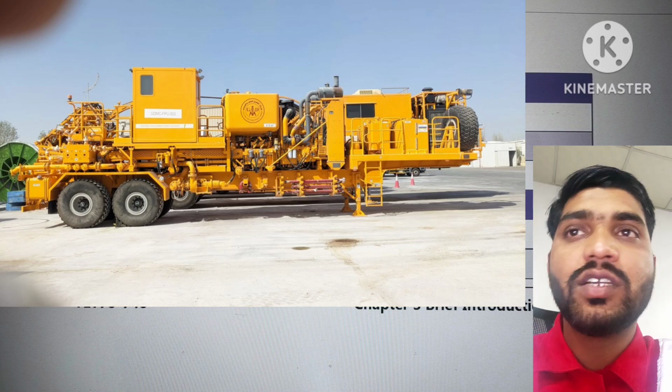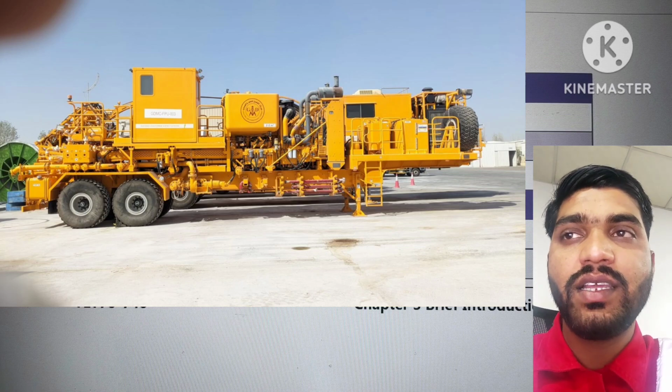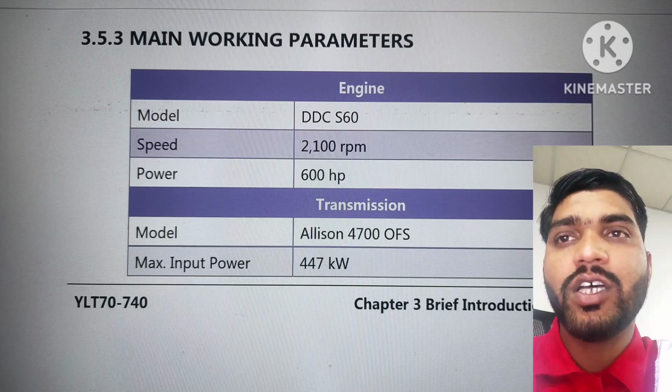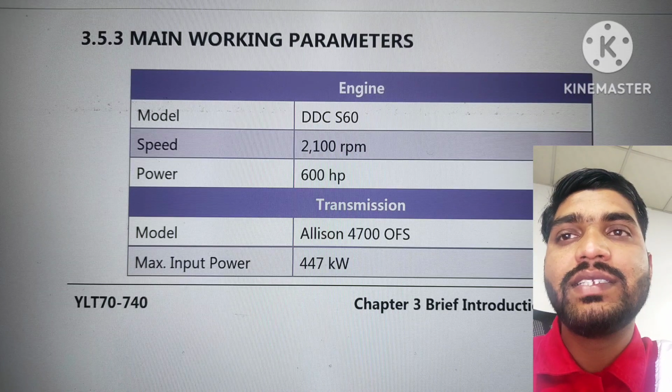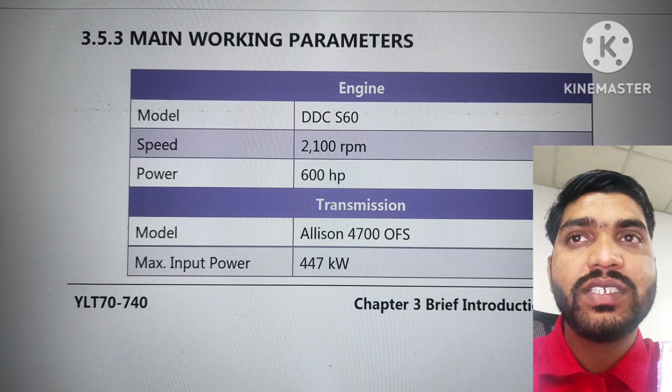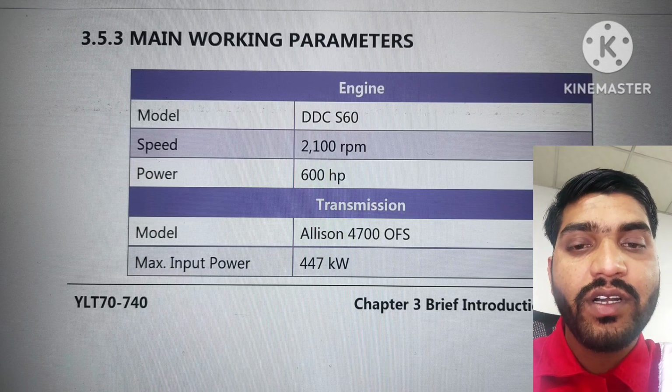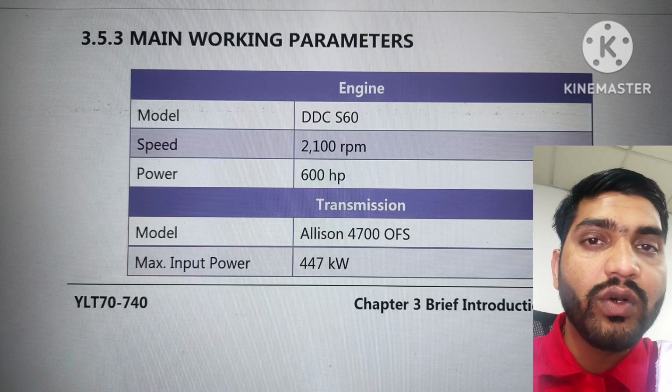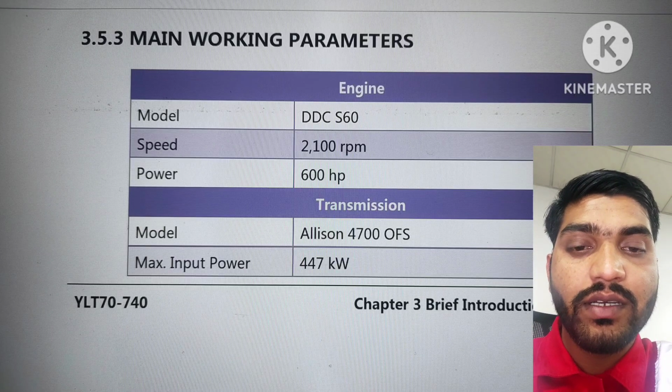The engine model is DDC S60 with 600 horsepower, and the transmission model is Allison 4700 OFS. This is the detail of the engine and transmission for this case study.